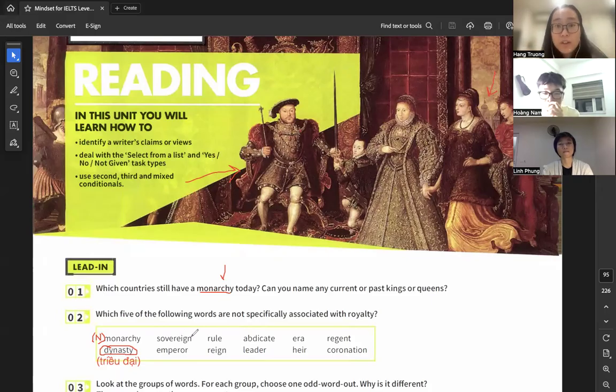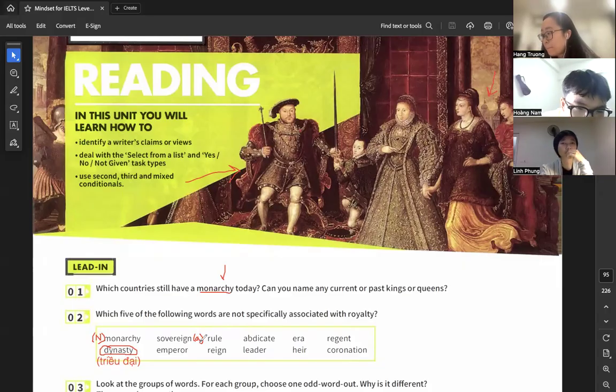What does it mean, sovereign? This is an adjective. Khoa, do you know? Sovereign. Have you seen this word before? Never. Sovereign.